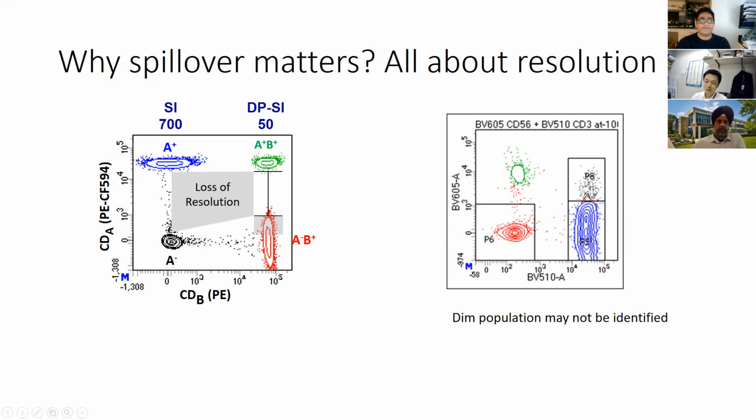We can't tell whether there is a double positive population. If the population on the P8 is very dim, sometimes it is totally buried in this single positive population, so we cannot tell whether we still have a double positive population. So how do we resolve this?